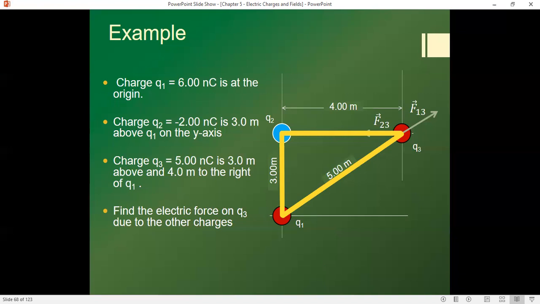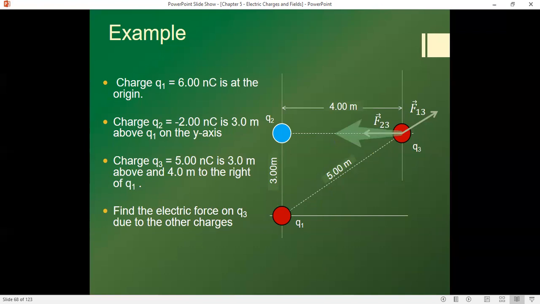So the force on 3 due to 2 is just going to be in the X direction. That's fine, okay? But the force on 3 due to 1 is going to be sort of at an angle. So let's draw those out. Let's get rid of our triangle for a second. And again, we're going to draw out these forces, okay? F23, there it is pointing in this direction right there.